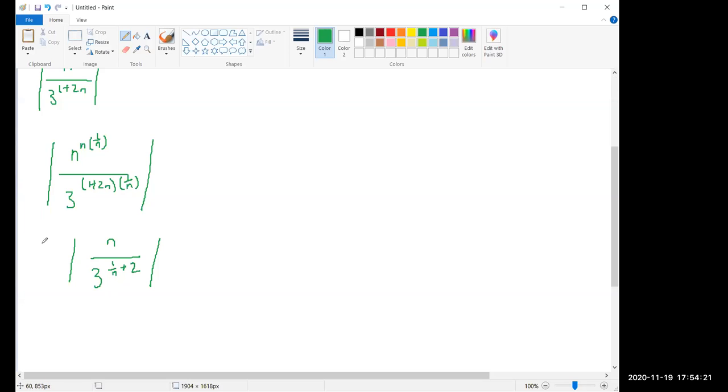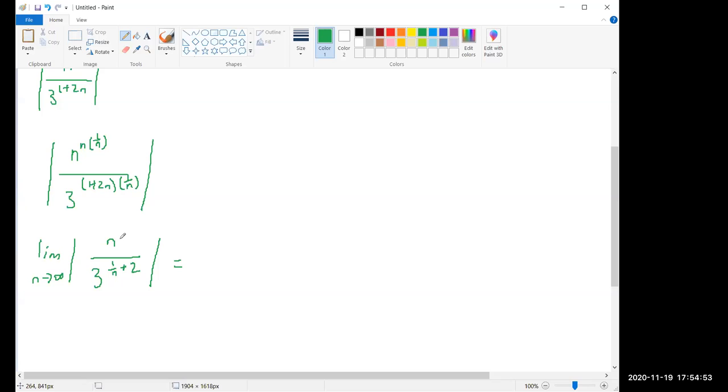So let's go ahead and take the limit as n approaches infinity. What do we get here for the limit? Infinity. Is that right? So the numerator goes to infinity.